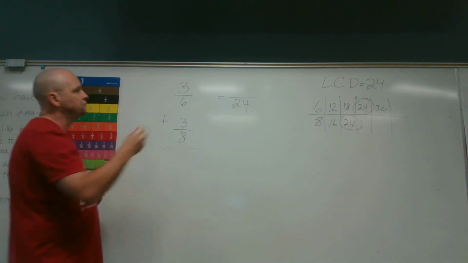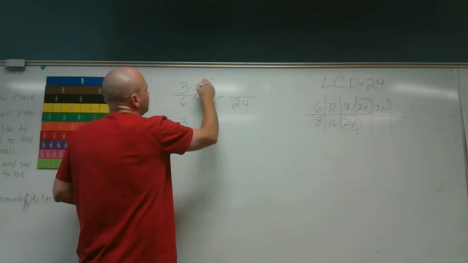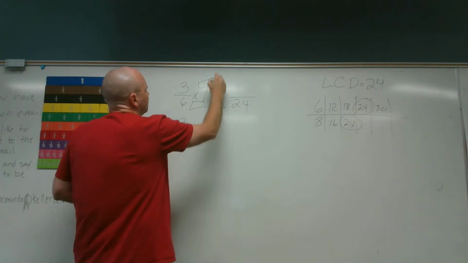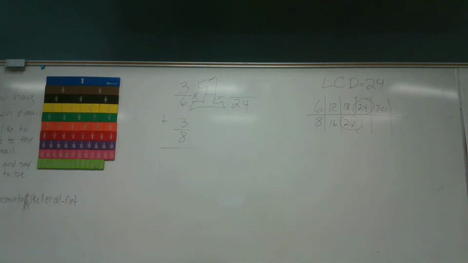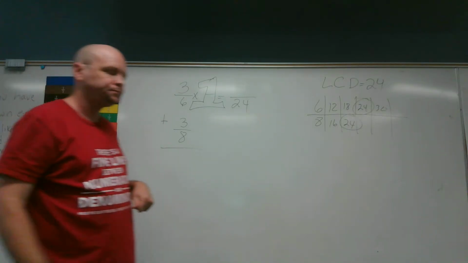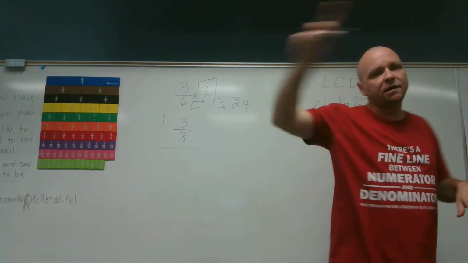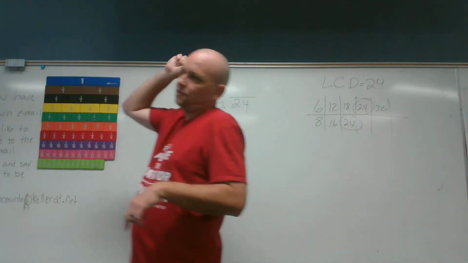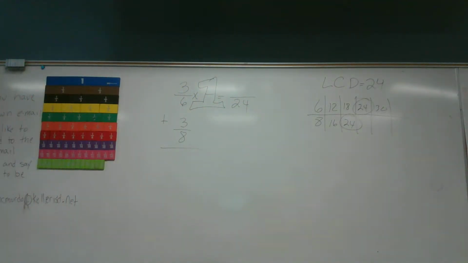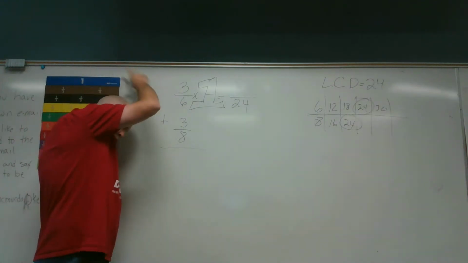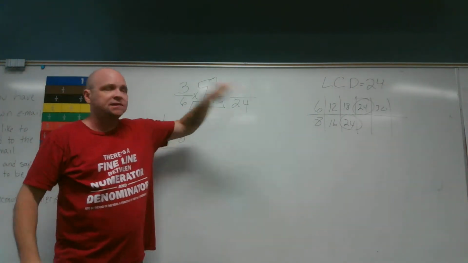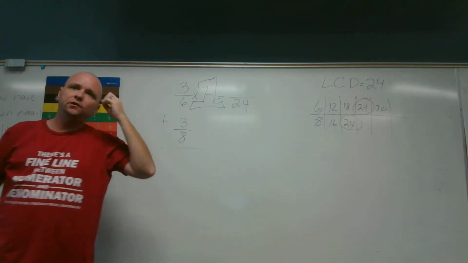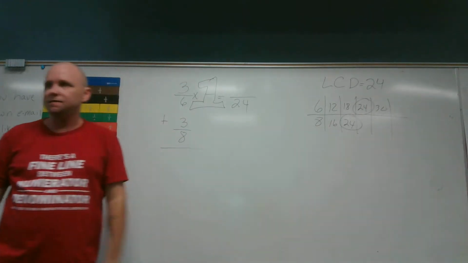So, as we've talked about before, when we are trying to find equivalent fractions so that we can make a common denominator, we can't change the value. Just like Nathan was going to tell me that 3/6 is the same as 1/2, we need to change 3/6 into something over 24. Most of you, it's like, boom, I got it right now. It's very easy.